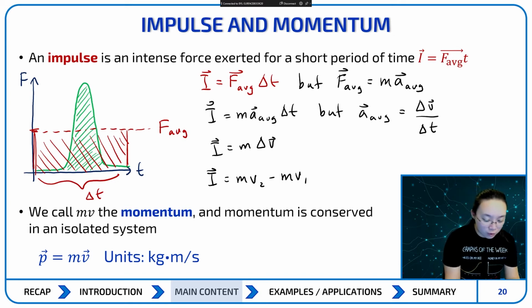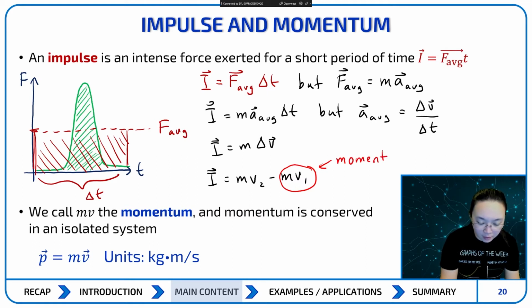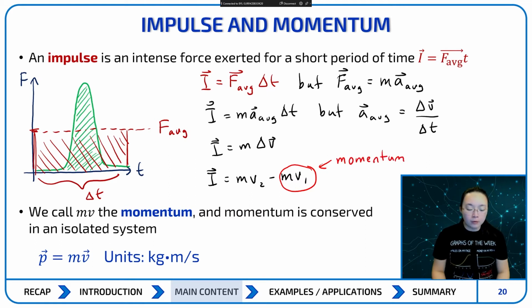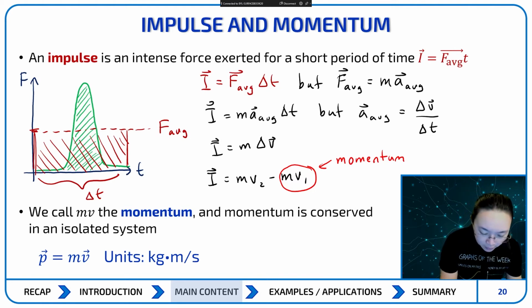And so that term mv is called momentum. It was a quick way of defining what P is equal to. So we can define momentum as P equals mv.